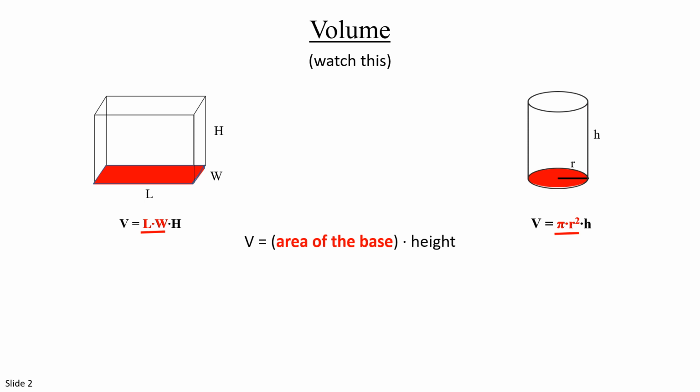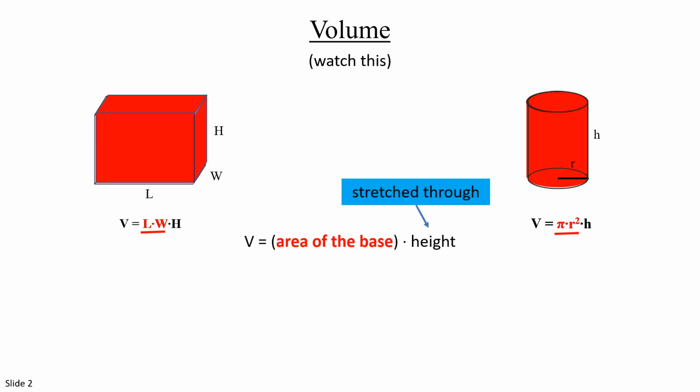So there's the base, length times width, and pi r squared, and both of them are multiplied times the height. So if I stretch the base through the height, I get the volume.